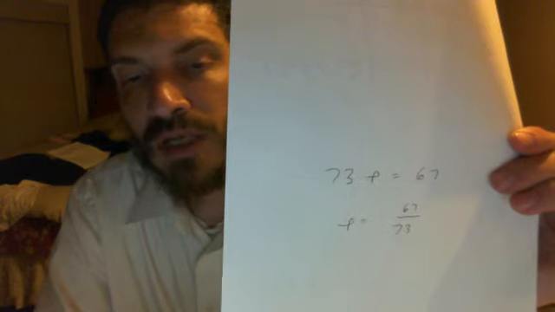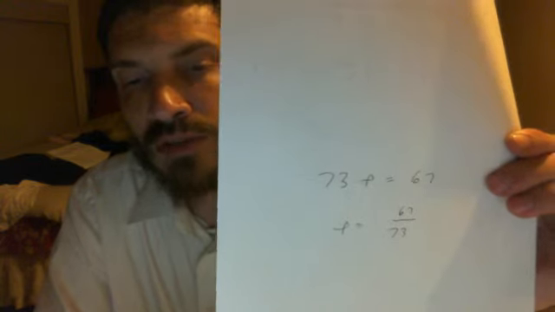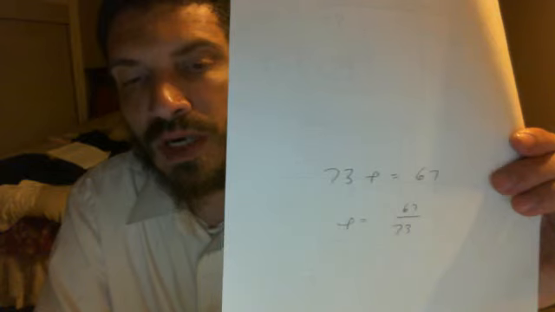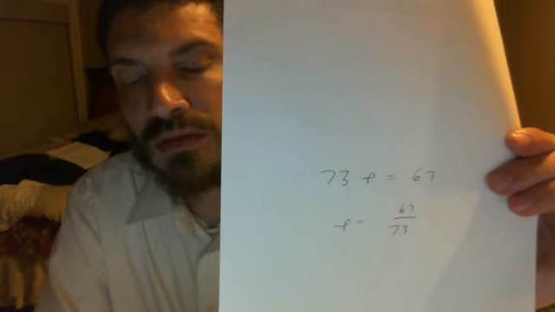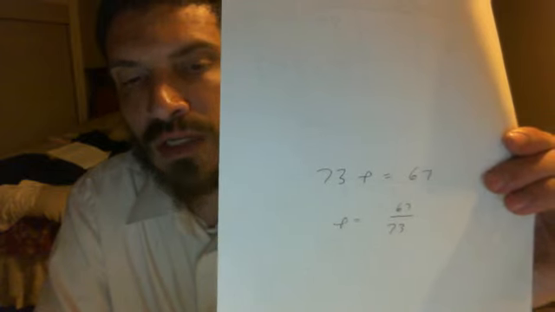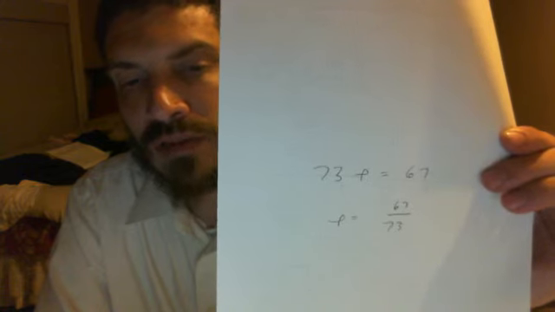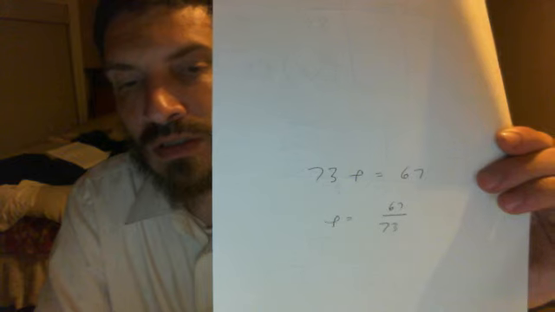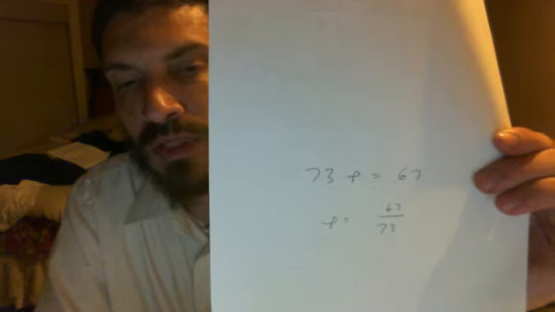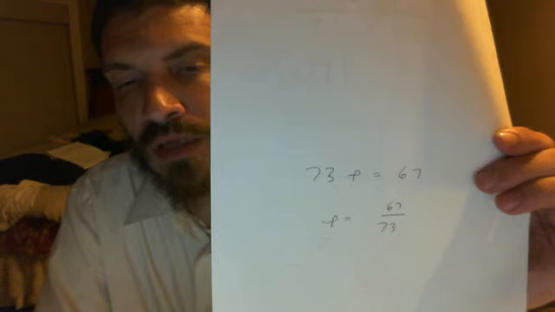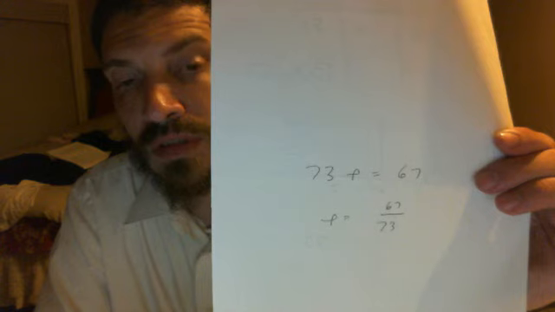That means, how much can you put on the number 73? How much weight can it handle? It should not go above 67. That's the x. That's 67 over 73. If you put more than that, it will tilt it. It will be higher than 67.